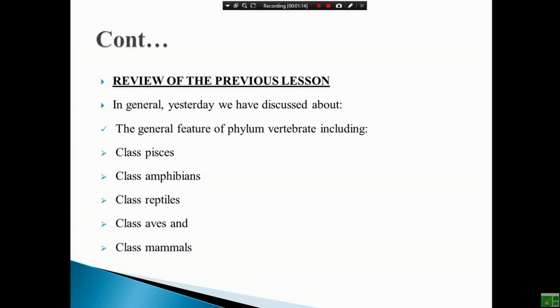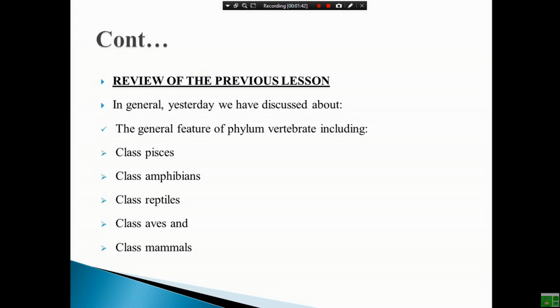And when you come to this class, phylum Vertebrata are categorized into 5 classes: class Pisces or the fish, class Amphibia or amphibians, class Reptilia or reptiles, class Aves or birds, and class Mammalia or mammals. When you come to the first class, class Pisces or fishes are aquatic dwellers.